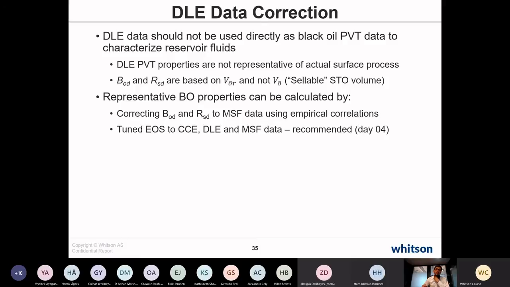Historically, the DLE experiment was designed in this way to get the volumetric properties of the oil below the bubble point and use them as black oil tables in the simulator. And for that, you needed the correction. That's why you also needed a separator test together with a DLE to do the corrections.